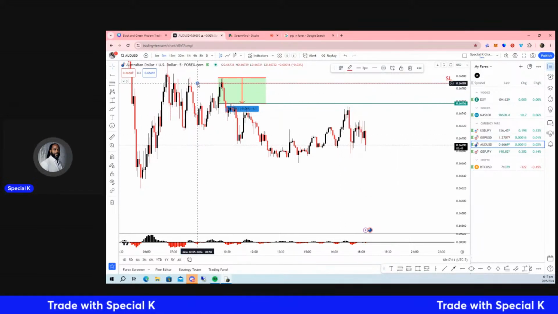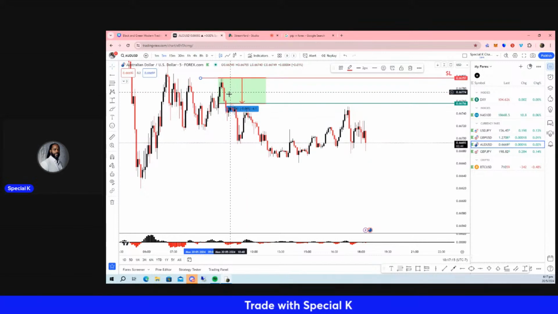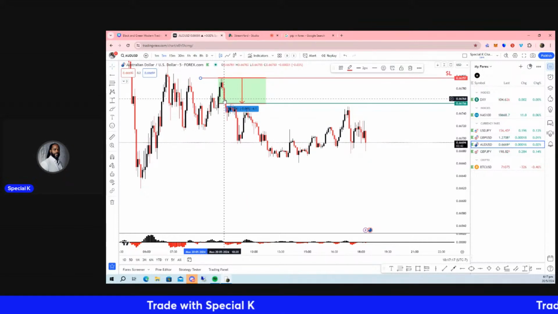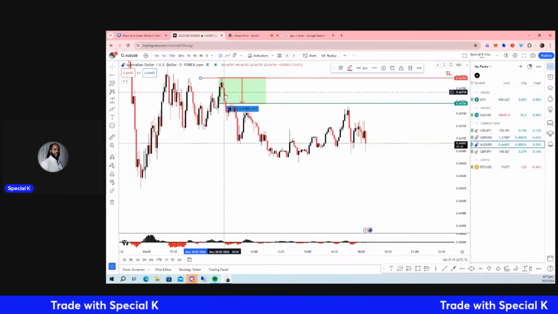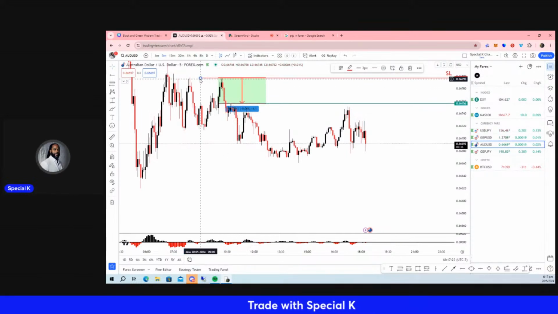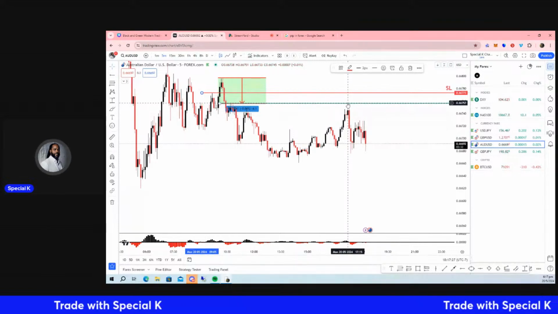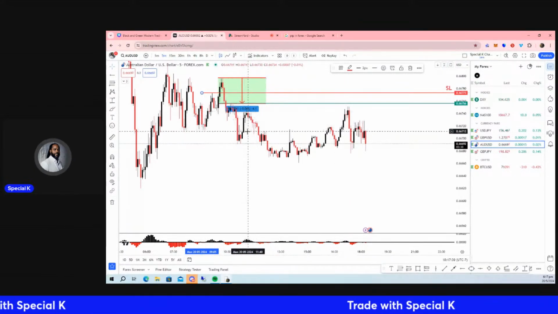This is just a little sneak peek at managing the trade while you're in it, right? So let's say price gets down here. Let's say your entry is right here where the green is, and this is where your stop loss is. So this line is your entry.